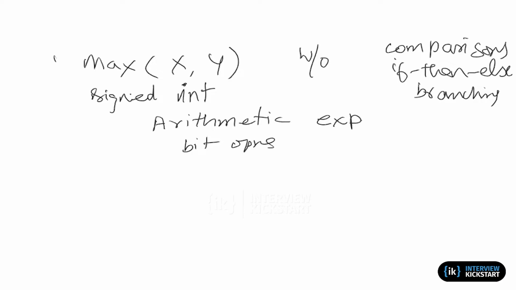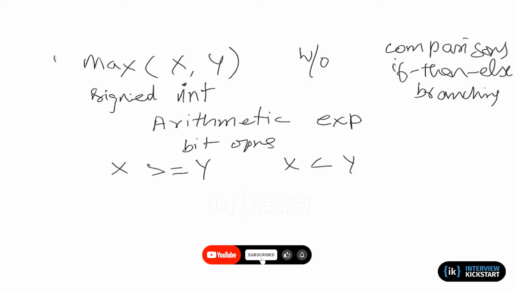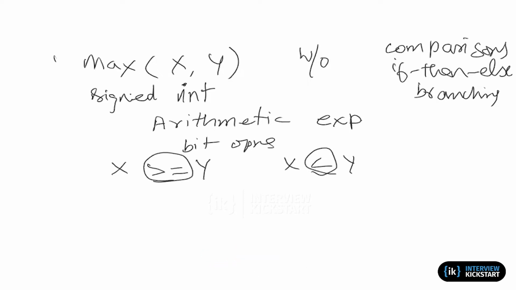You're supposed to find whether X is greater than or equal to Y, or X is less than Y. This is basically the logic for finding a max, right? So the question is, how do I replace this with only arithmetic expressions and bit-level operations?